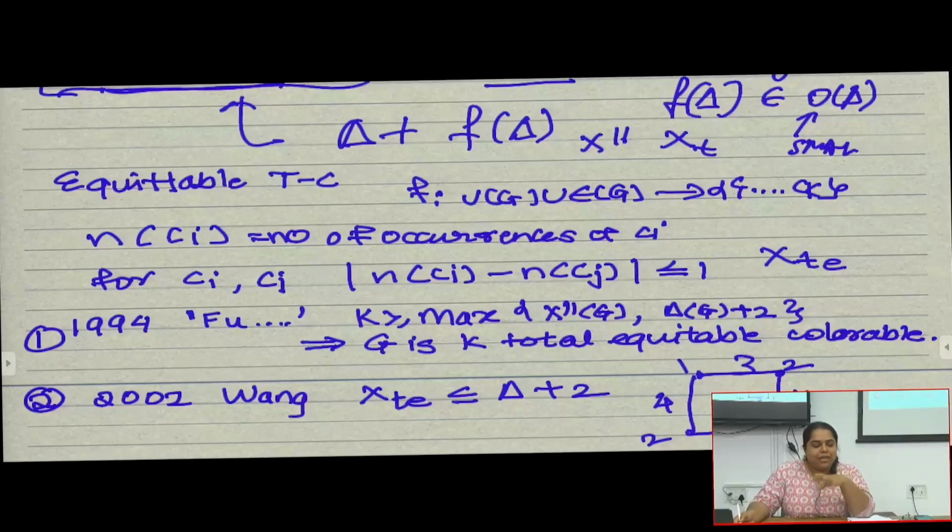Only very few graphs have been worked on, like planar graphs up to delta less than or equal to 5. Not much work is done. Only a few classes of graphs are proven. For simple graphs, regular bipartite graphs, things are not clear.